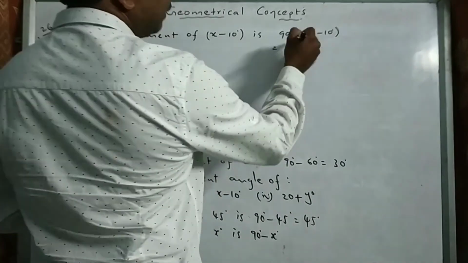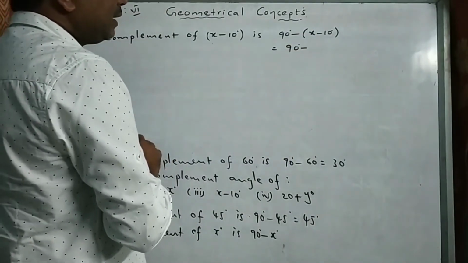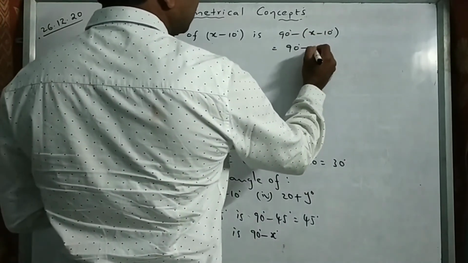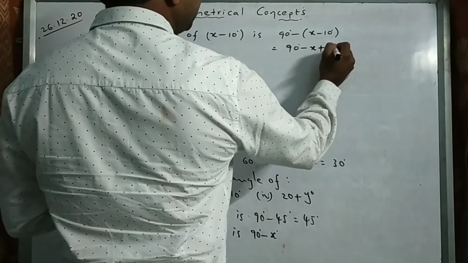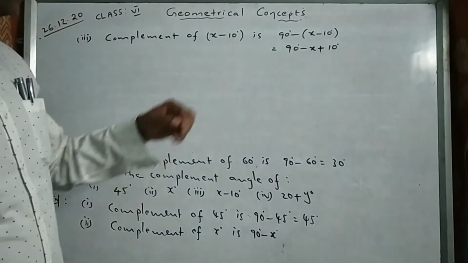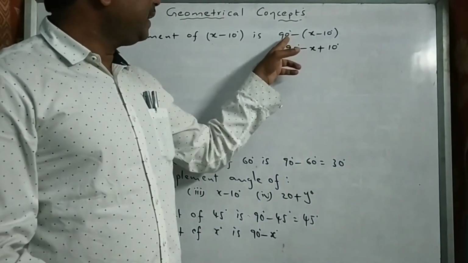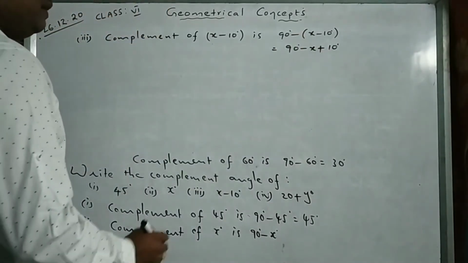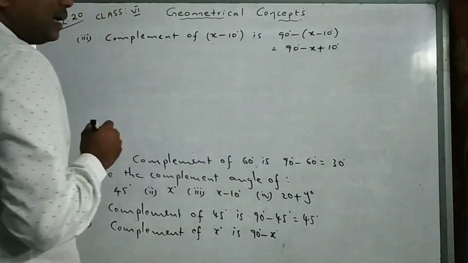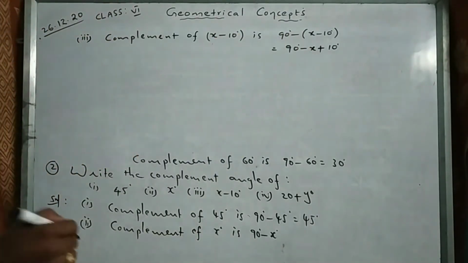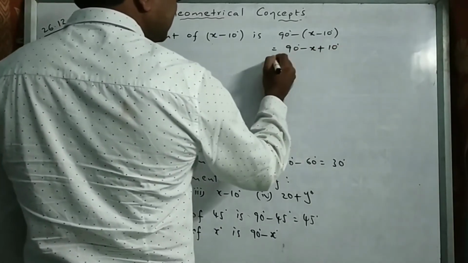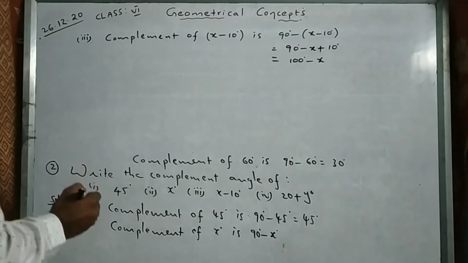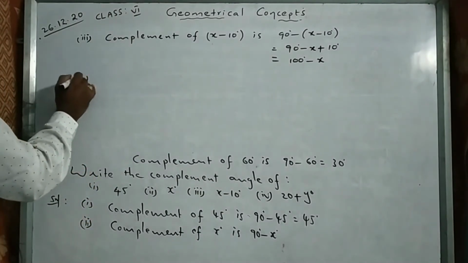If there is a negative symbol before the bracket, what should you do? We have to change the symbols inside the bracket. So minus x, minus into minus, plus 10 degrees. Before the bracket, if there is a minus symbol, we have to change the inside symbols. Okay. 90 plus 10 we can add now. 100 degrees minus x. So the required answer is 100 minus x.